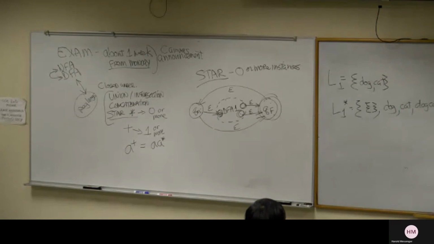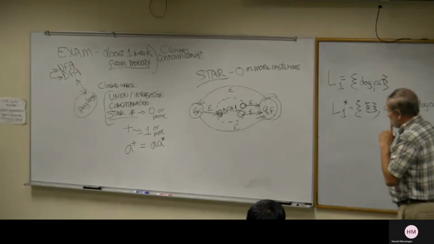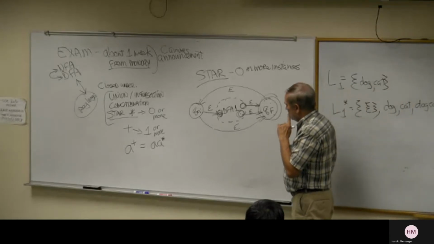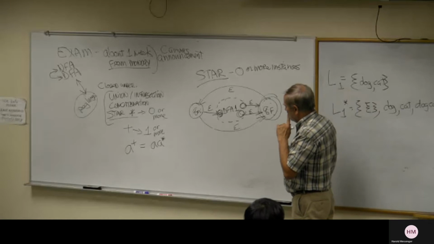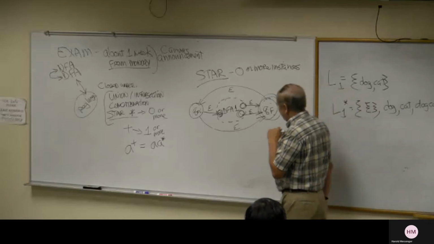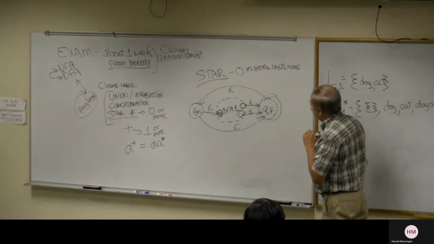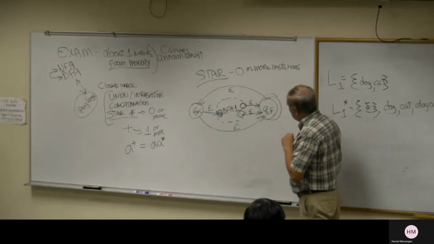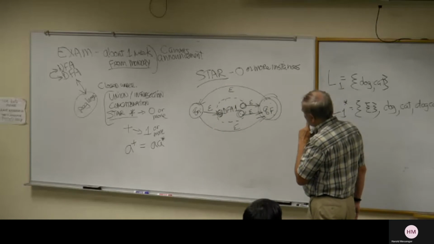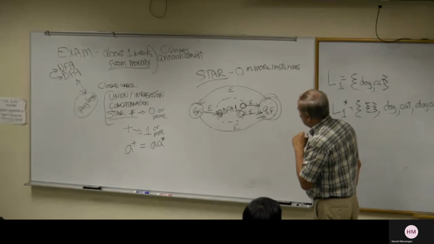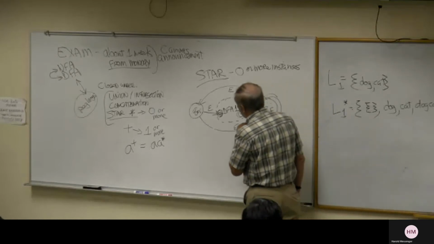Question, comment. So I understand how we're able to combine the DFAs through union, but what's the difference between that and intersection? Because I'm trying to figure out that last little step to get to the accepting state, but I can't get it. So in the intersection, you have to go through both.